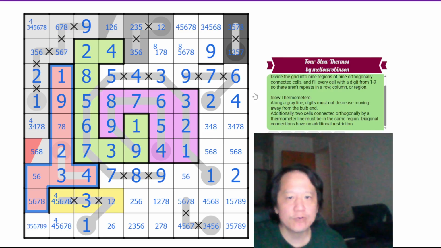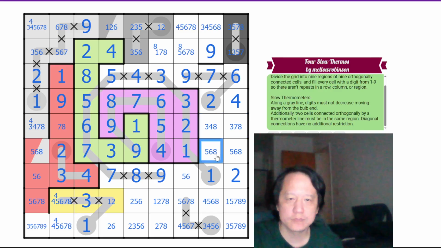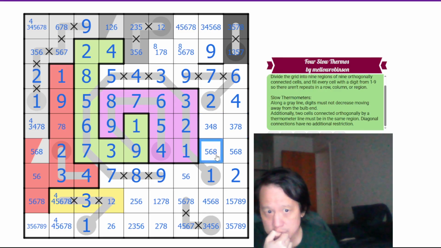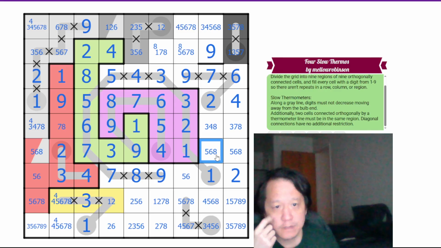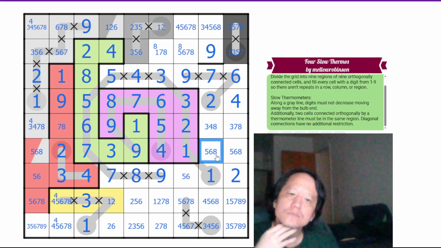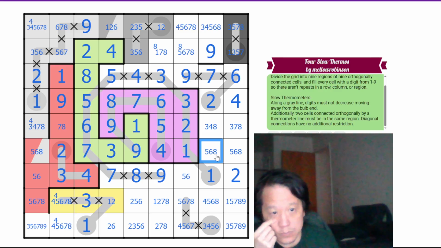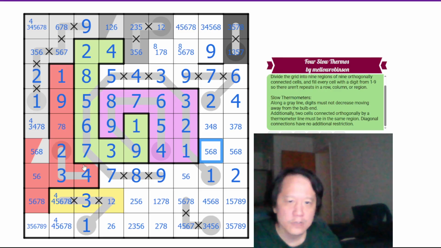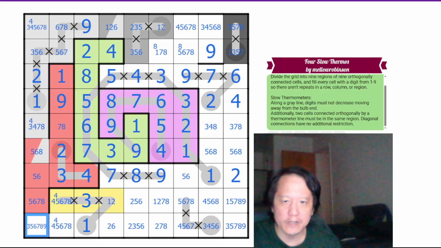4 eliminates 4 here. This could be red. It could be the same as yellow.